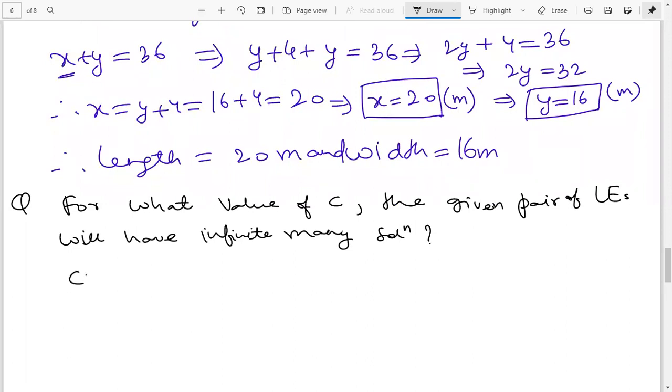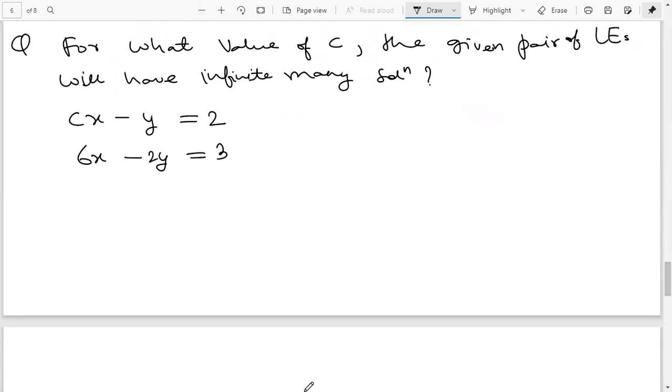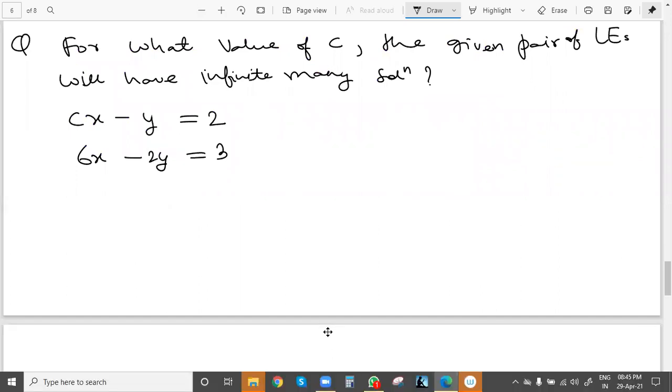So the equations are cx minus y equal to 2 and 6x minus 2y equal to 3. This was your question. Please check and confirm. We'll ask in your extra class, because if the question is correct, then only we can have the right answer.